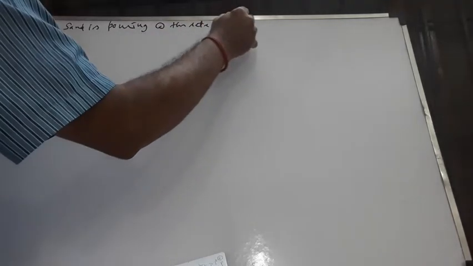Today we'll do some more problems on rate of change of quantities. First problem: sand is pouring at the rate of 12 centimeter cube per second.